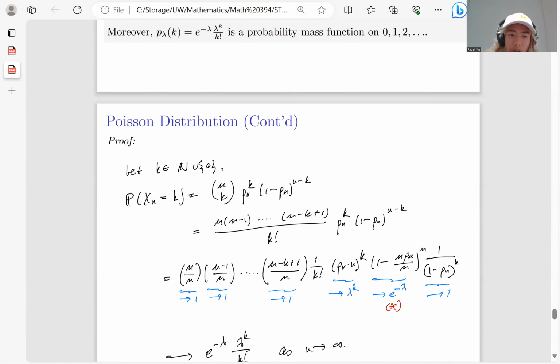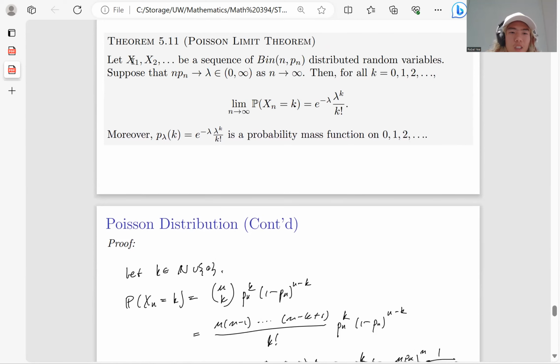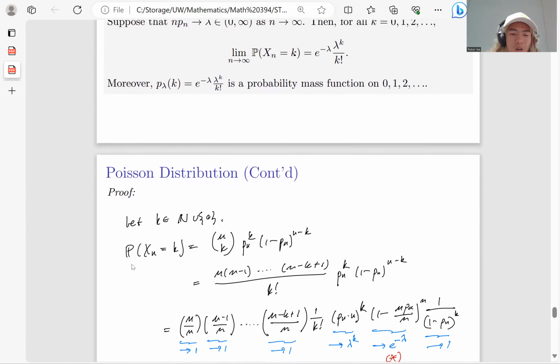Now we are going to view the proving process of this formula. We already know that for any non-negative integer k, the probability that X_n equals k, where X_1, X_2, and so on form a sequence of binomials, each of them having different output, is directly given by the formula of the binomial distribution.